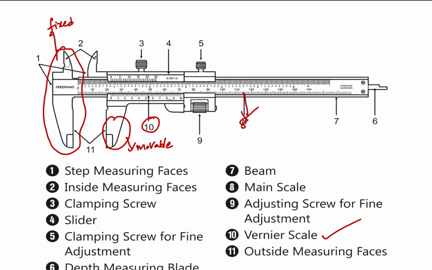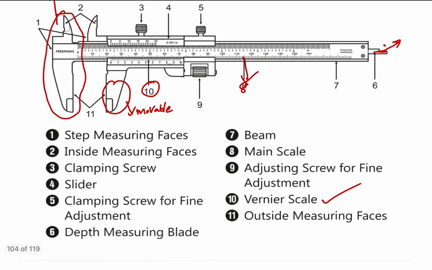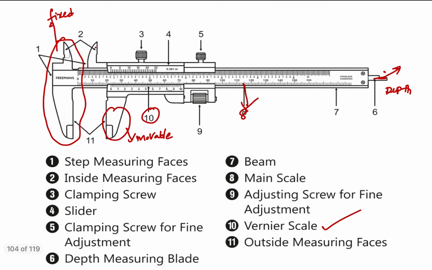While moving this vernier scale, if you want to calculate the depth of a pen or any depth, you can use this tail-type point, and by using that we can calculate the depth. Depth of any cylinder, depth of a pen cap, we can calculate. Also, the second point is the inside measuring faces.